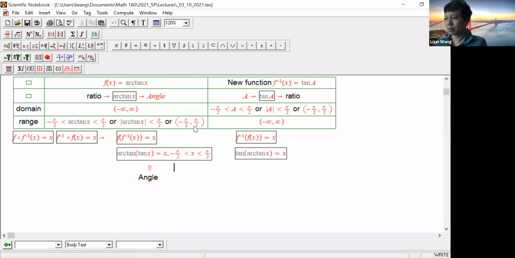But this time, is there a condition attached to it? Arctan, what's the domain? All real numbers. That's like there's no condition, right? X can be any real number. So this really tells us it's unconditional. It doesn't matter what ratio.